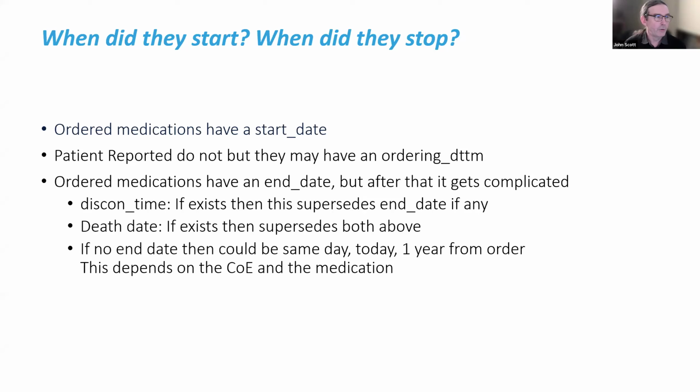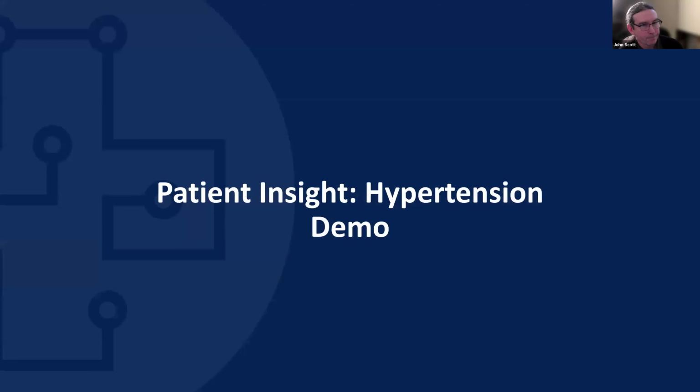They choose to infer 365 days from the order time if they don't have an end date, but they could explain that more. That's because most of these medications, an order will only last for a year. But again, end date is sometimes not entirely clear or available.